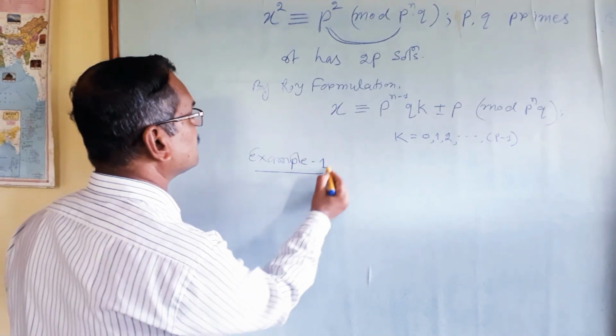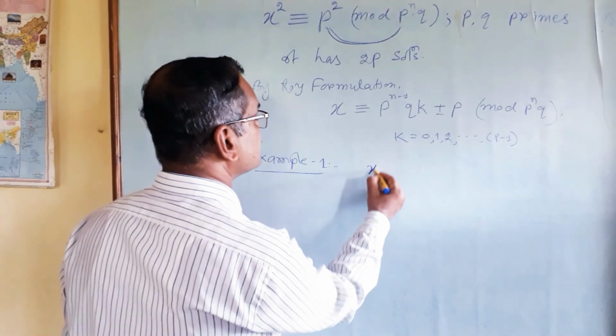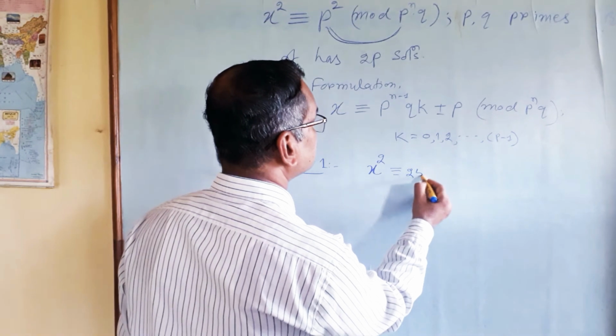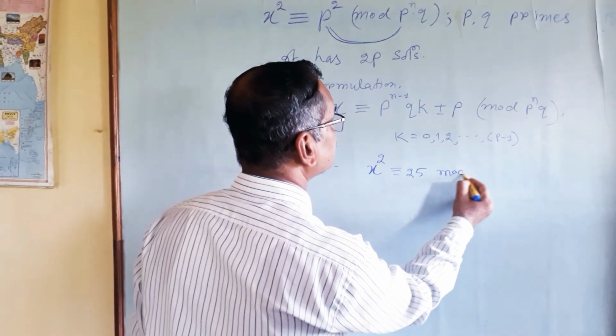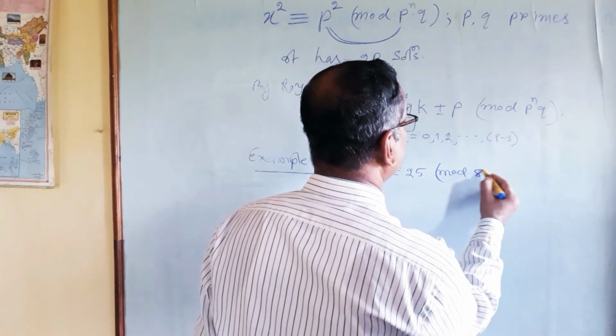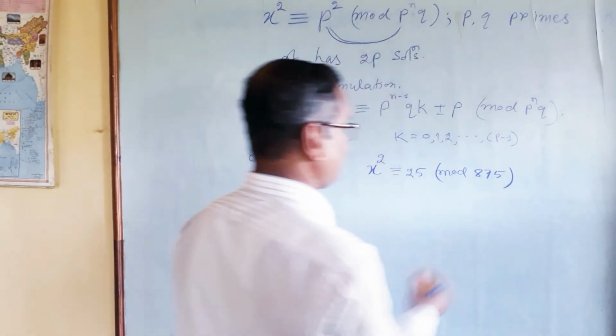Example 1. The congruence is x square congruent to 25 mod 875.